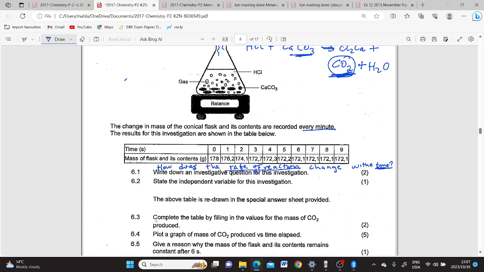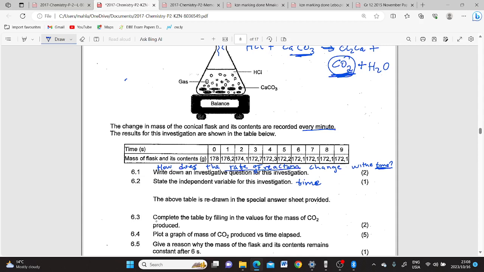That's this one. They are saying state the independent variable for this investigation. Of course, there will be time. So for those who used the mass, what is the relationship between the rate of reaction and the change in mass, or the decrease in mass, then the independent variable here will be your mass, of course.